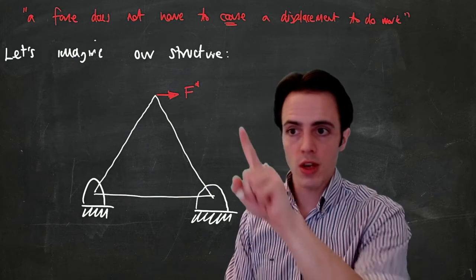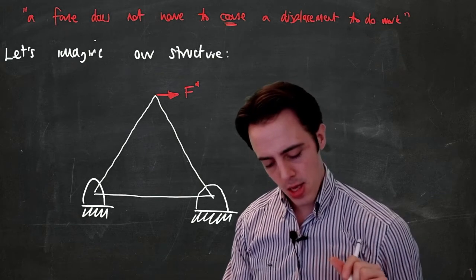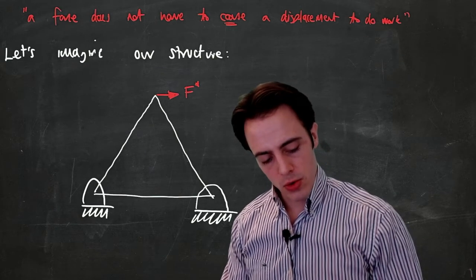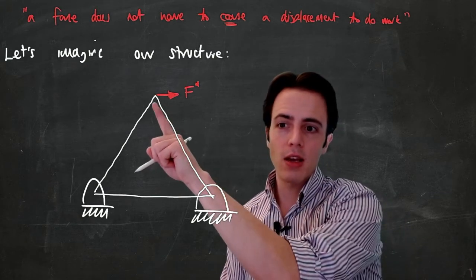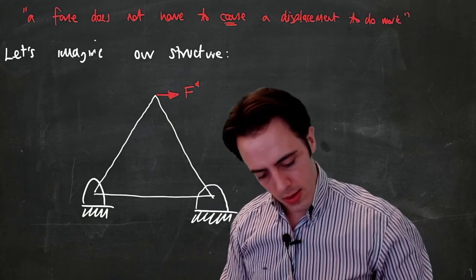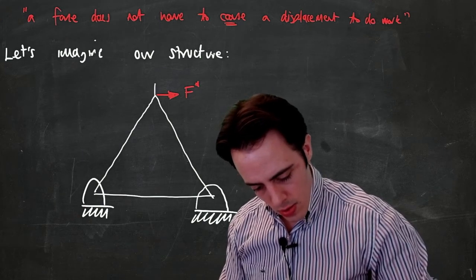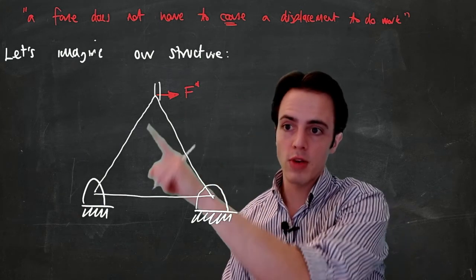My virtual force, and it's virtual because it's got a superscript asterisk here. Okay, so that's going to cause the structure to move a very, very small amount. Okay, a very small amount that takes it to somewhere so close to the original position that I don't need to redraw these members.